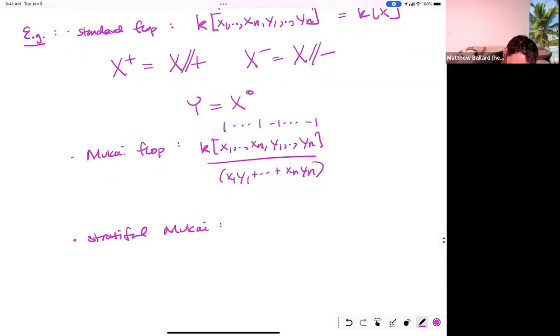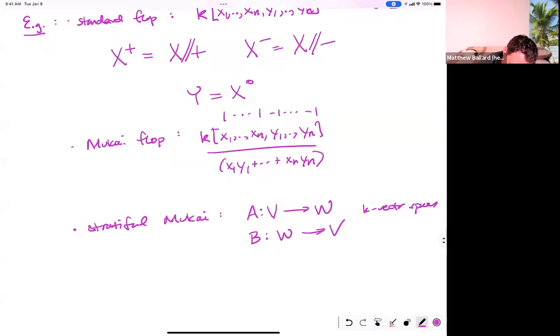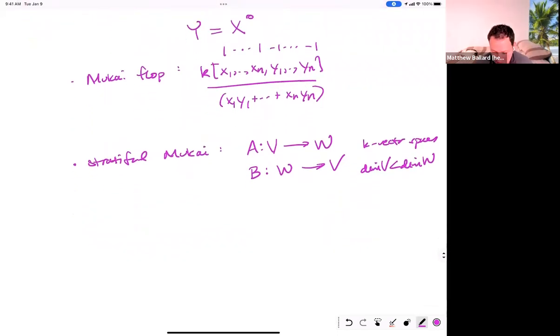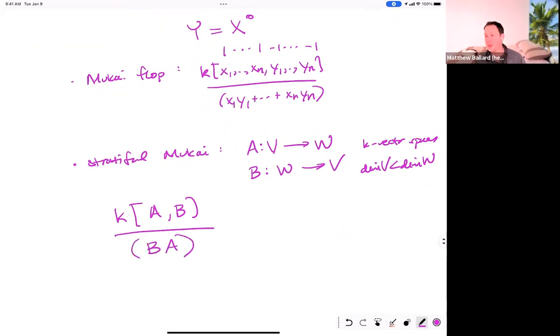So I have maps between these K vector spaces, and I assume the dimension of V is less than the dimension of W. I take K[A, B] and then mod out by BA.